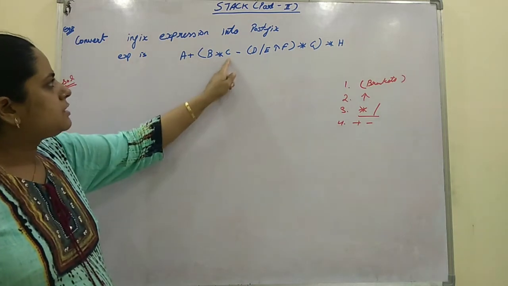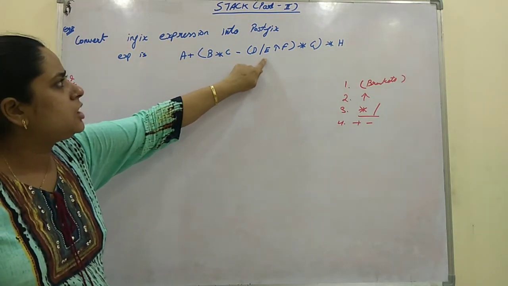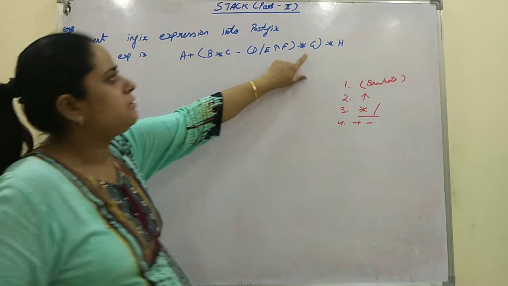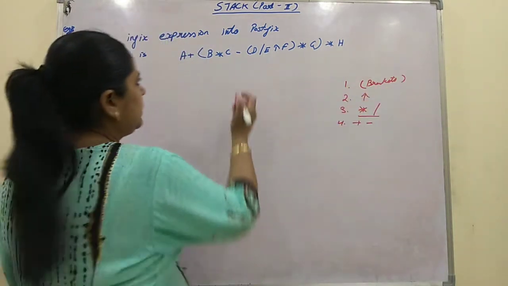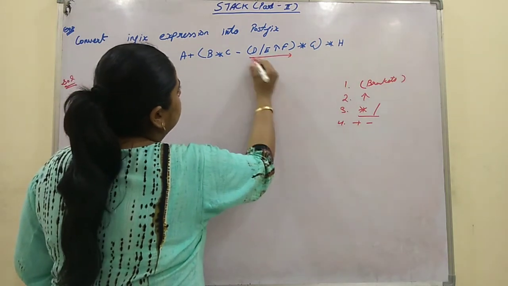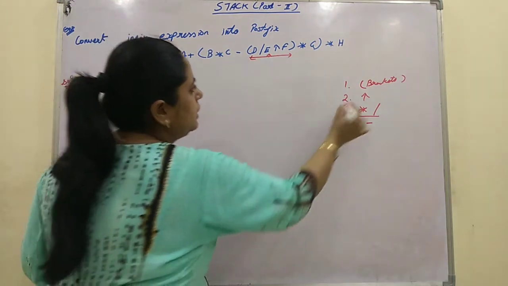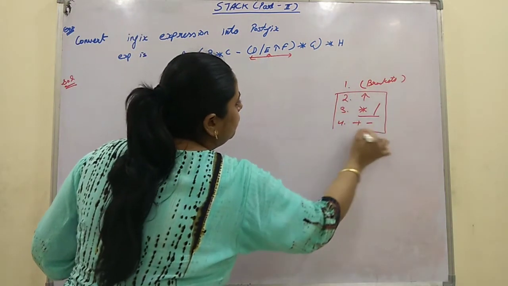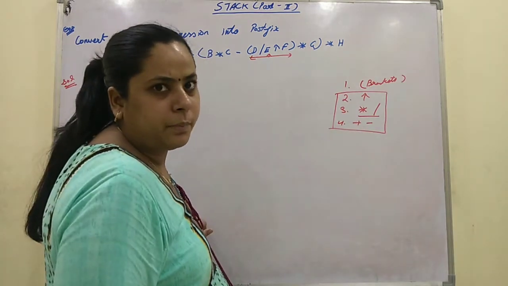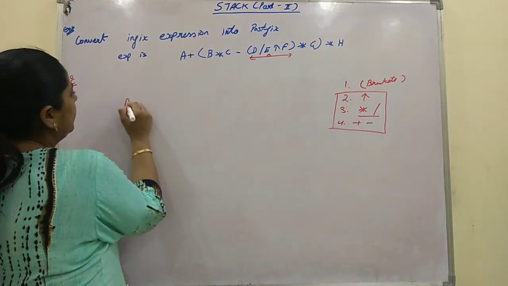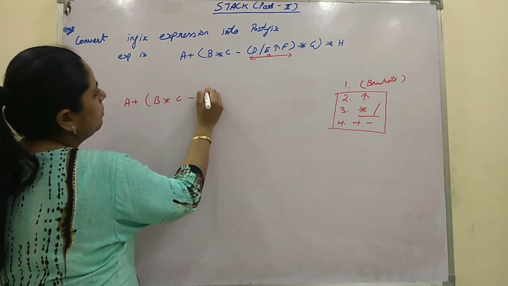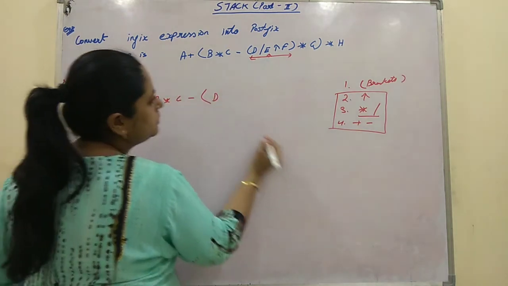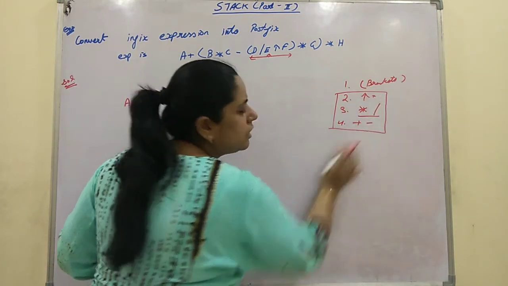A plus B asterisk C minus D slash E exponent F asterisk G asterisk H. First is what? Bracket. That means first we will solve this bracket using the precedence order of these operators. So we will write A plus, as it is, B asterisk C minus D, whose precedence order is higher.